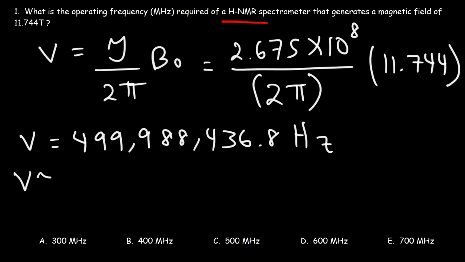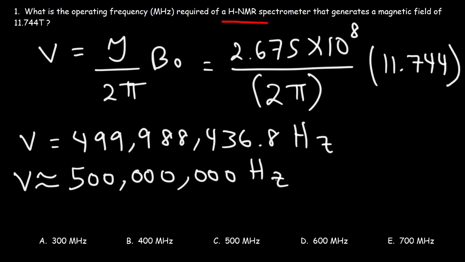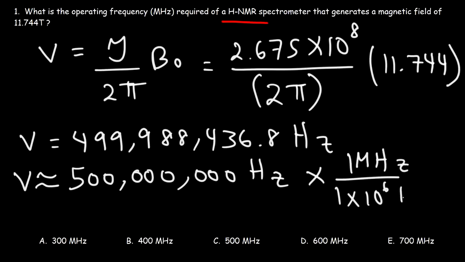Now, we could round this answer and say it's approximately 500 million hertz. Now, looking at our answer choices, we need to convert it to megahertz. If you recall, mega is 10 to the 6. So a frequency of 1 megahertz is 1 times 10 to the 6 hertz.